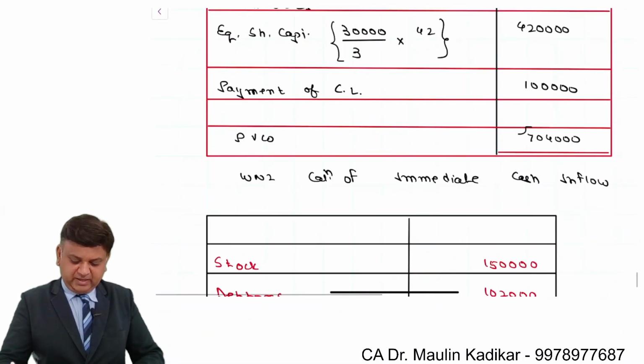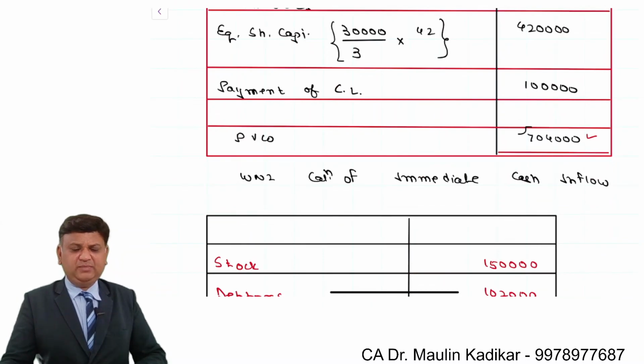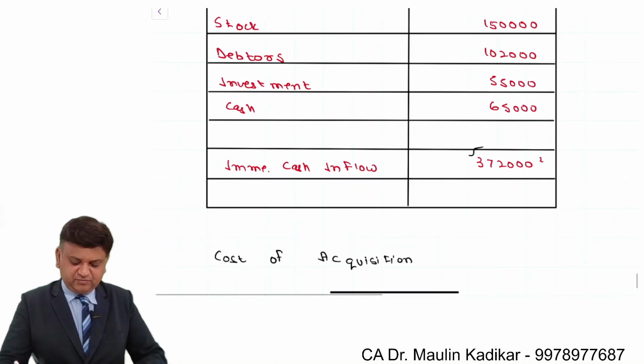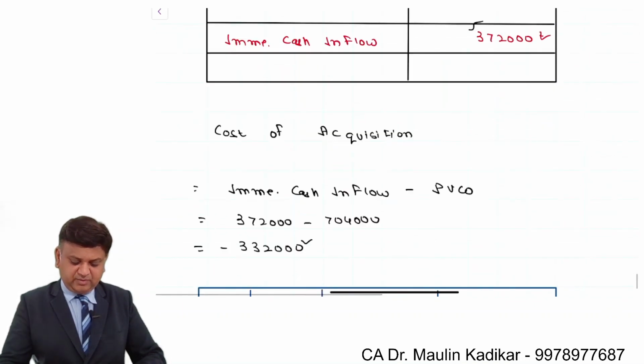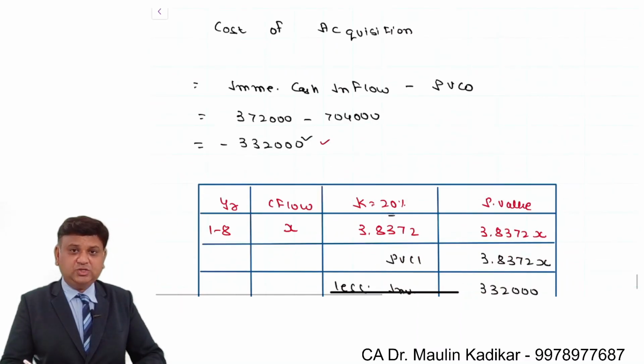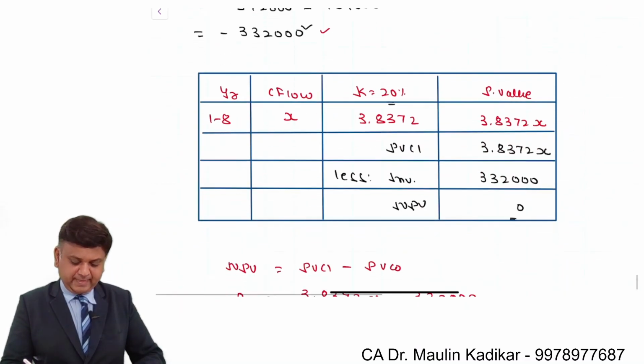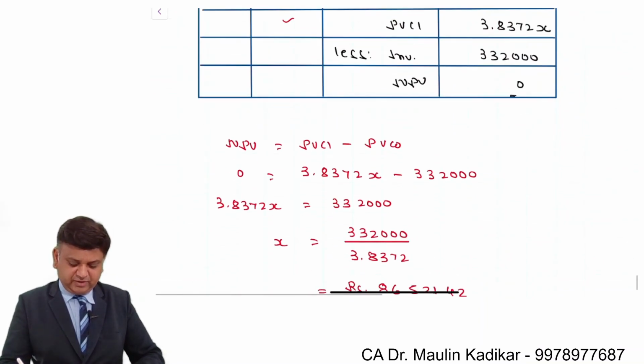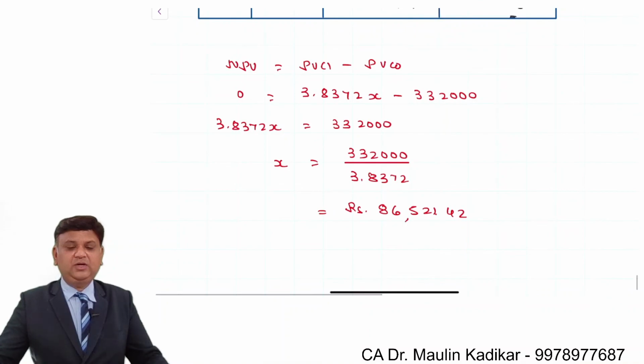So, whatever we have paid, and there is maybe some disposal cost information given to us, immediate cash inflow, excluding the sale value of the fixed asset because that you will not be able to receive. So, this is the cost of acquisition. The annual cash inflow so that you get a return at the rate of 20%. And accordingly, we get the answer.